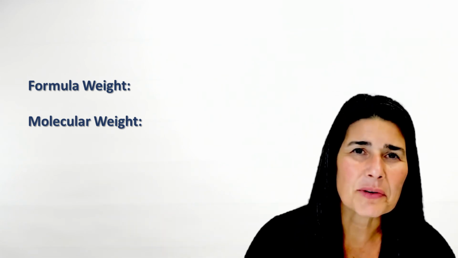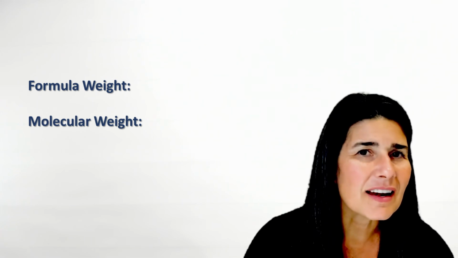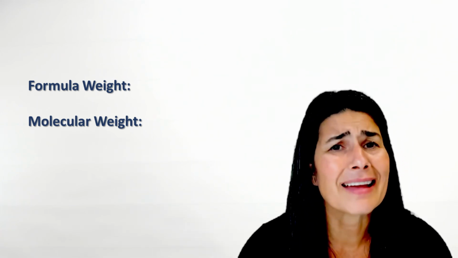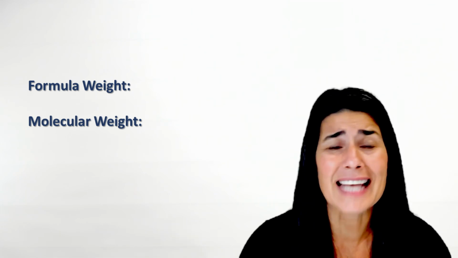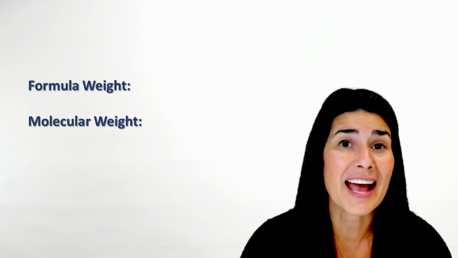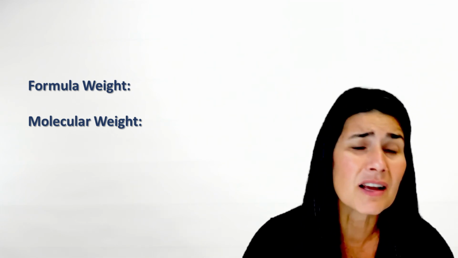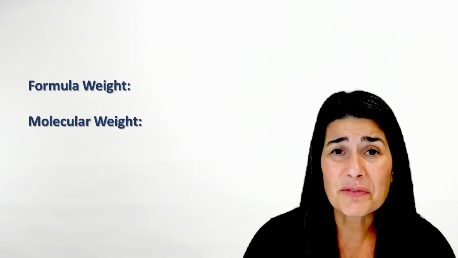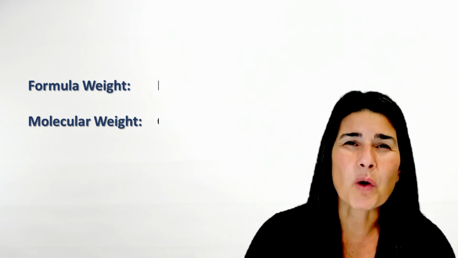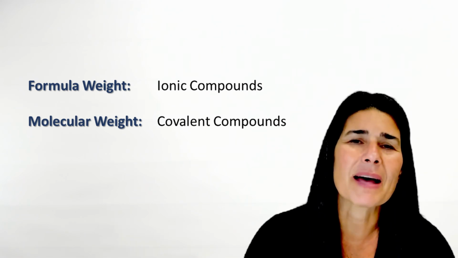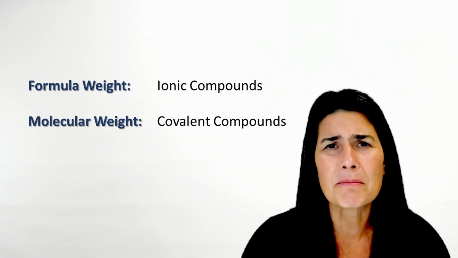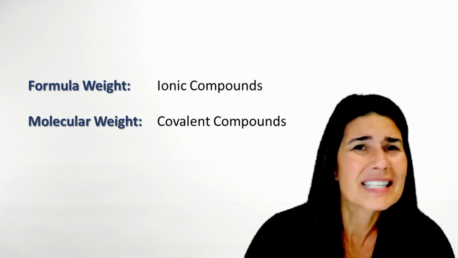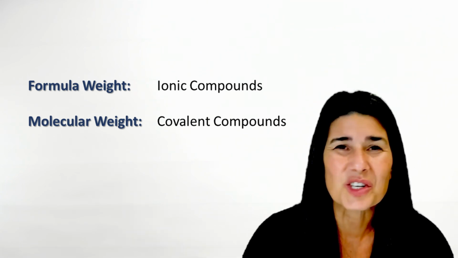Now, what's the difference between a formula weight and a molecular weight? I'm going to be honest, for you, not too much. You're going to do the same exact process whether I ask you to calculate the formula weight or the molecular weight. The difference is we use the term formula weight if we're talking about an ionic compound, something made of metals and nonmetals. Ionic compounds don't technically come as molecules, they're crystals.